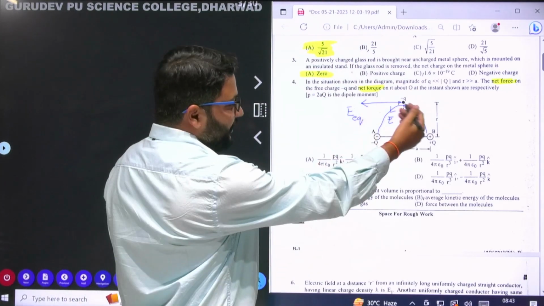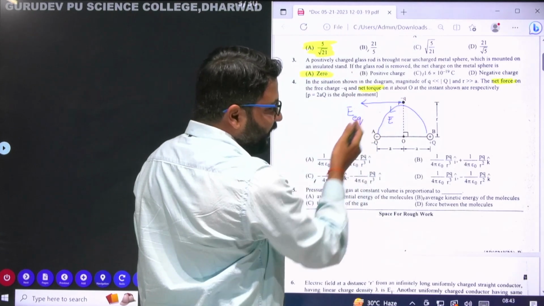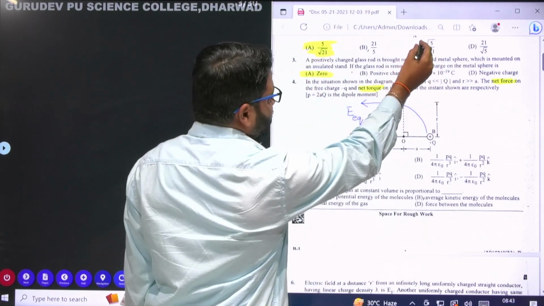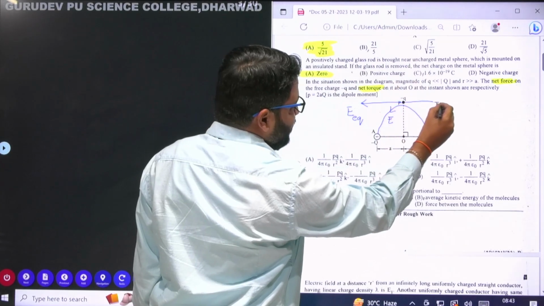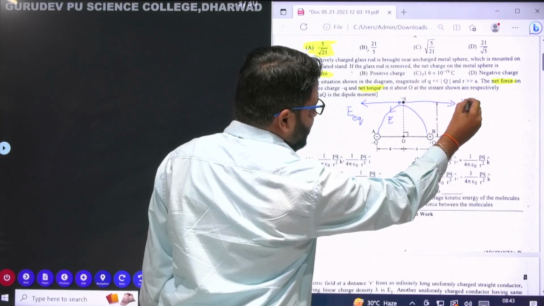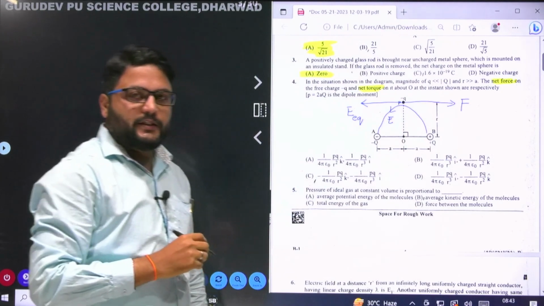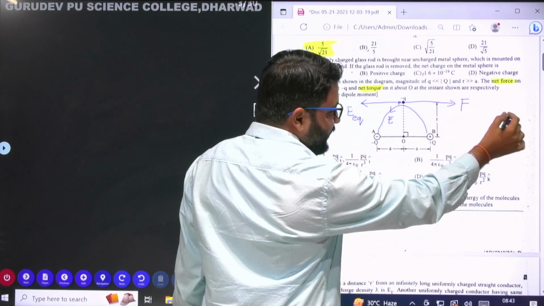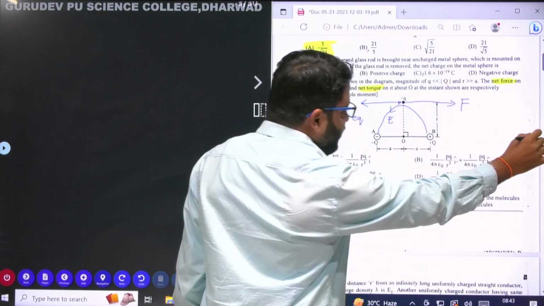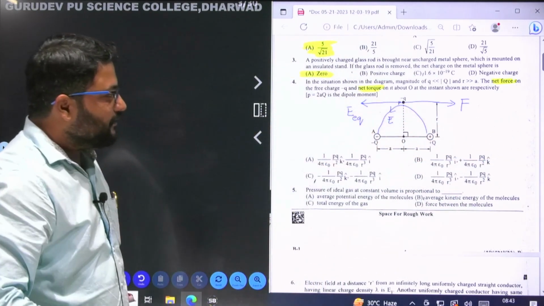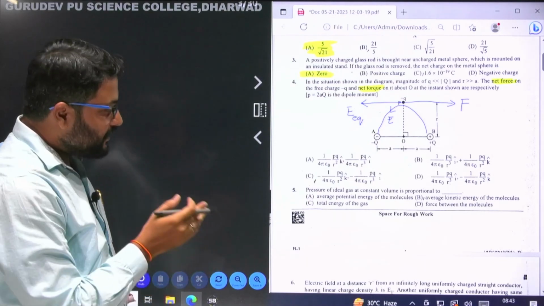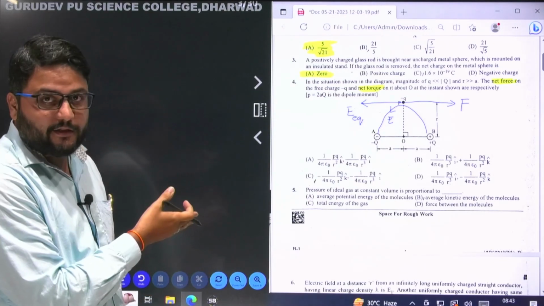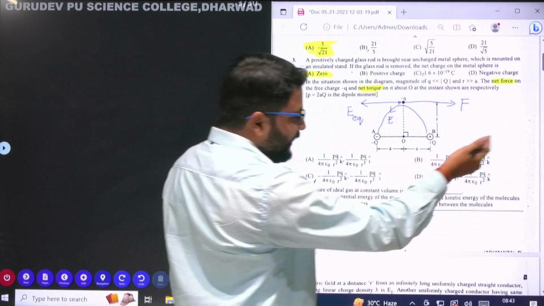Now, since the electric field is along this direction and I have a negative charge, the force will be in the opposite direction. You can clearly see that the force would be in the opposite direction, since it is a negative charge. If this is the x-axis, I felt there was a need for the question to provide a coordinate system, so that we could say i cap, j cap.